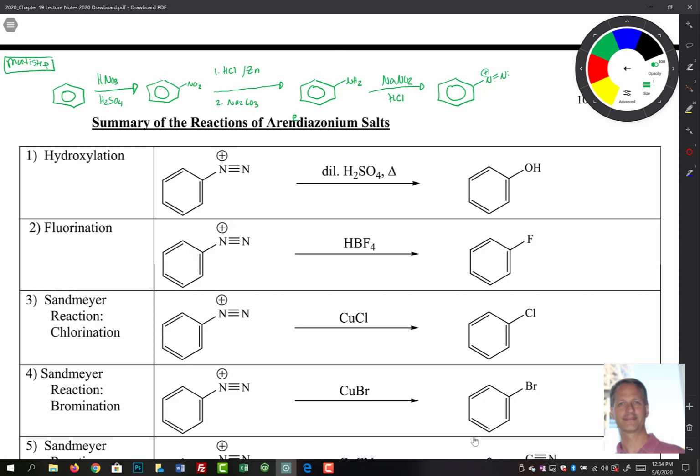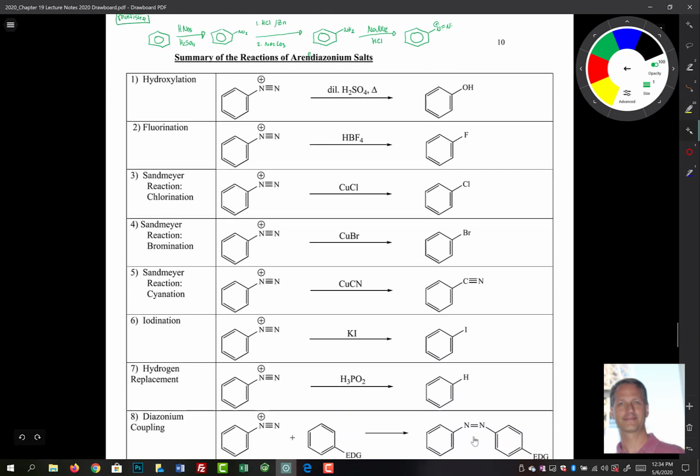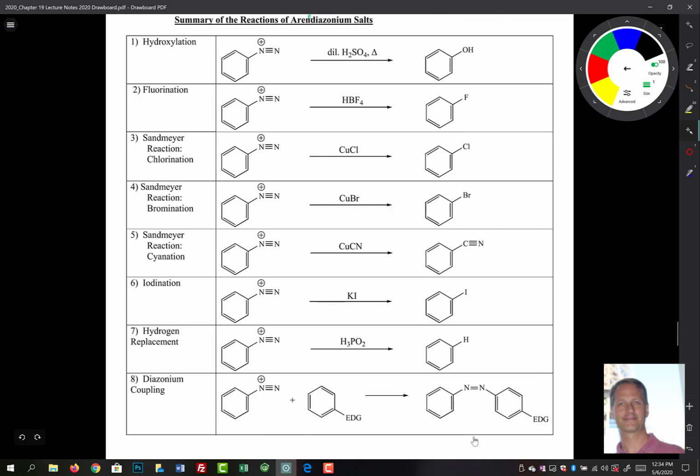But anyway, there's a lot of reactions that can take place with this, and I don't want to spend a whole bunch of time going over each one of these, but if we look down below, there's a table that lists all those reactions. So a lot of these are very useful. Some of them are used. For example, number 8, the diazonium coupling, is used sometimes to make dyes. So indicators and dyes that you might use in fabric, for example.